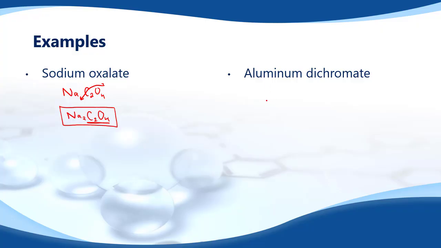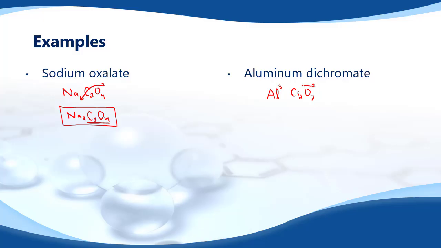Okay, so aluminum dichromate. The symbol for aluminum is Al+3. Dichromate is Cr2O7 2-. So now we do our drop and swap. We get rid of the signs. So let's get rid of the plus, get rid of the minus. 3 and 2 cannot reduce down.